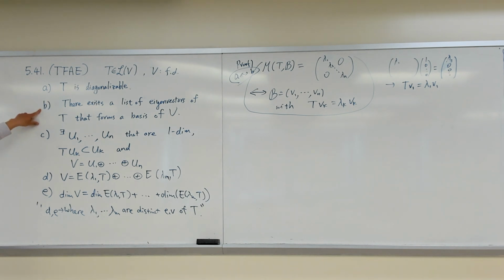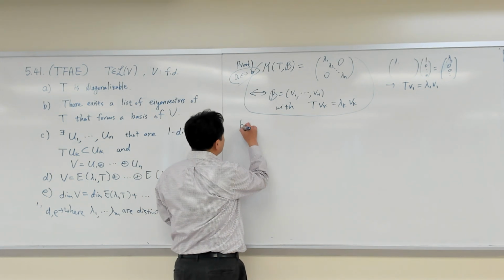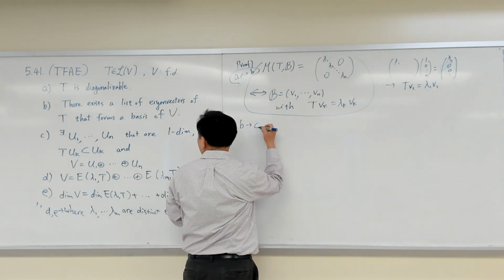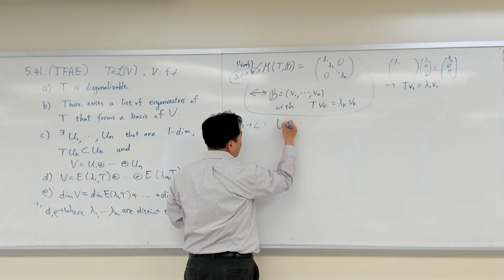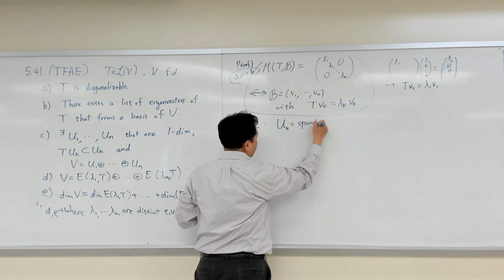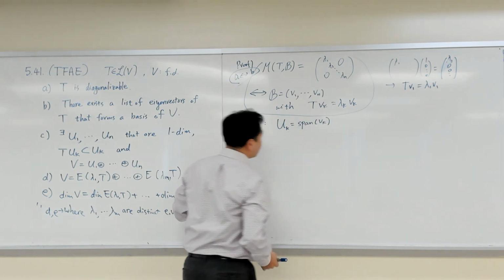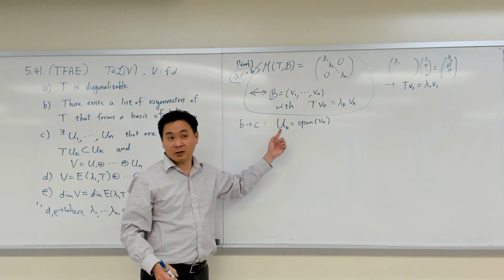Now let me show you how to go from B to C. To go from B to C, we just define Uk as the span of Vk. Well, then this is clearly one-dimensional, right?